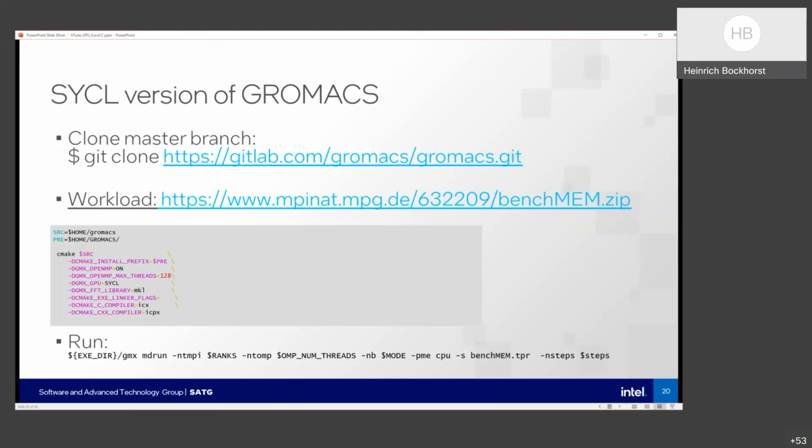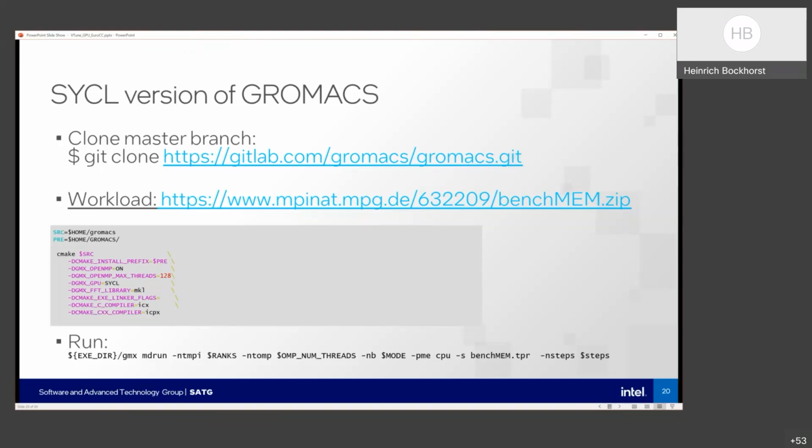But normally the master branch is quite stable, and you can clone it. And then there is a workload that comes from the Max Planck Institute in Göttingen, provided by the scientist who was the first I was talking to about GROMACS.